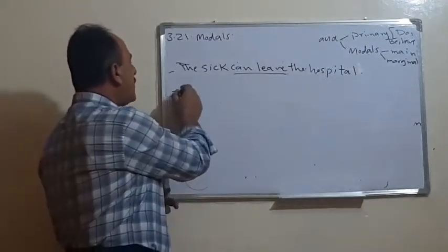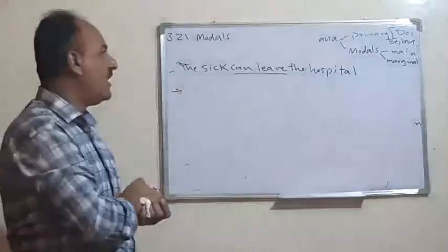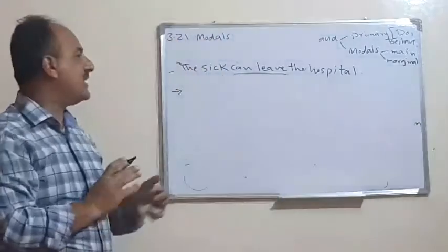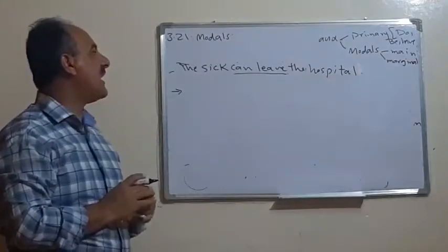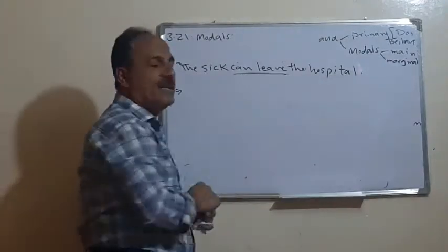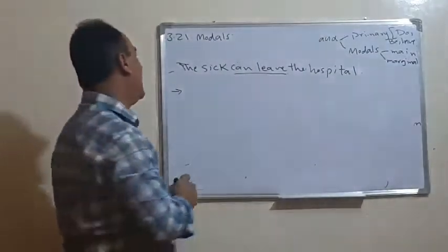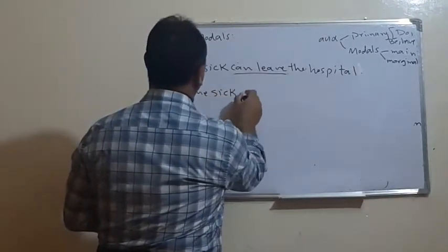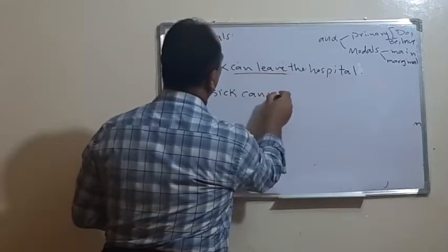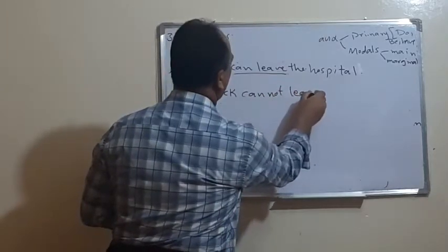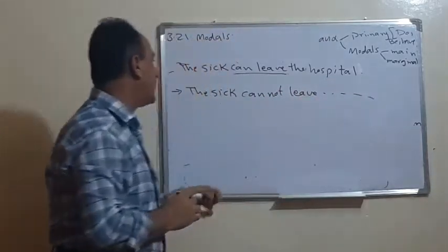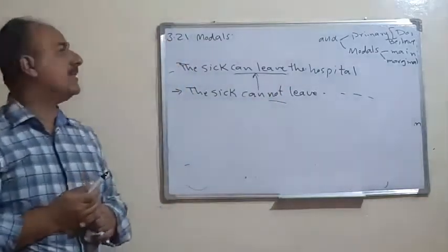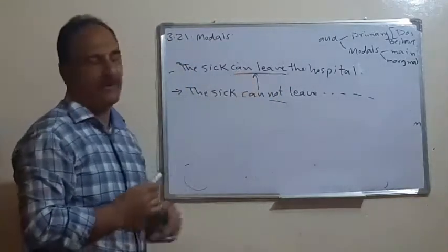If we want to change this sentence into a negative, since it is an auxiliary, in this case we do not need to add do not or does not. Instead, we say the sick cannot leave the hospital. See, in case of negation, we added not to the auxiliary verb.